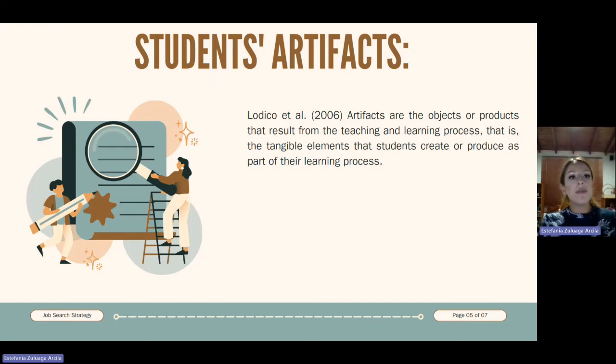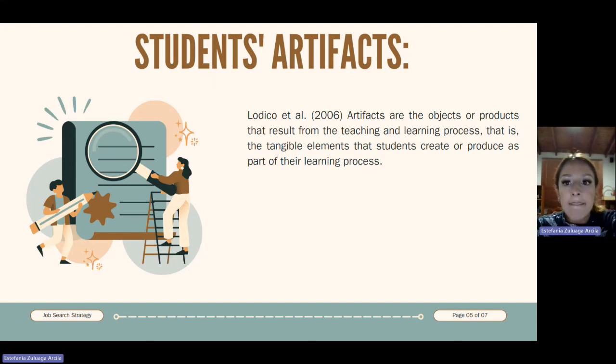I would like to define what students' artifacts are. As Lodi Coydal says, artifacts are the objects or products that result from the teaching and learning process. It means all the products made by the students in the learning process.